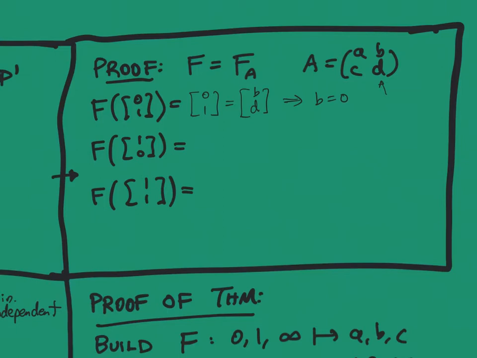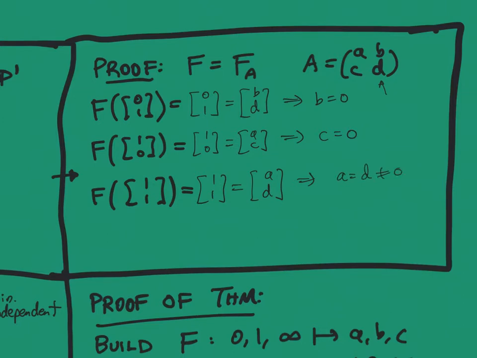The next requirement, that infinity goes to infinity, says that our first column, [A, C], is equal to [1, 0], which again we can use to imply that C is 0. And now the point identified with 1 in the plane, [1, 1], maps to itself. And since we already know B and C are 0, this has to map to [A, D]. And this implies that A equals D, and they have to be non-zero.